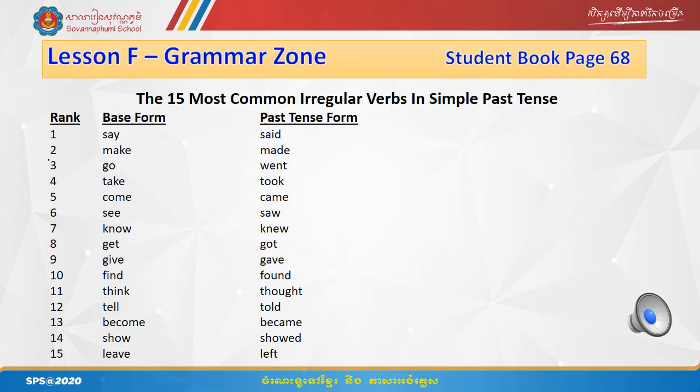Class, here is our list of the 15 most common irregular verbs in past simple tense. I'm not sure I need to read all of these, but I might as well. Say, said. Make, made. Go, went. Take, took. Come, came.